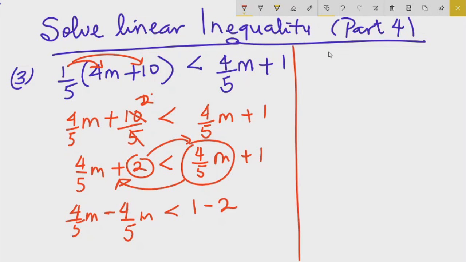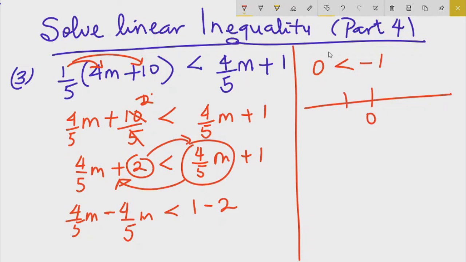So in that case, we have 0, because 4/5m minus another 4/5m just gives you 0, less than 1 minus 2, which gives you negative 1. So this says 0 is less than negative 1.